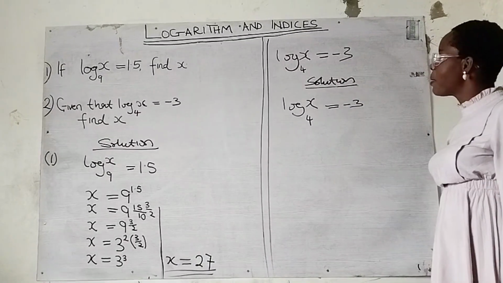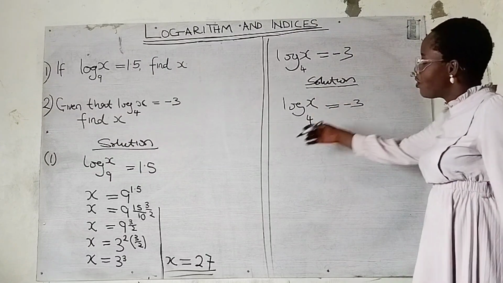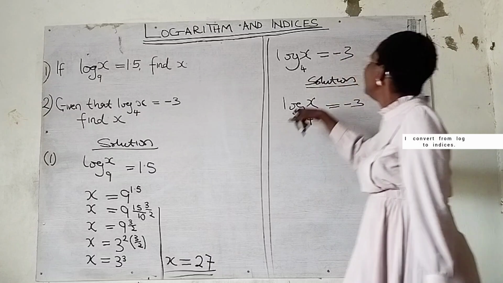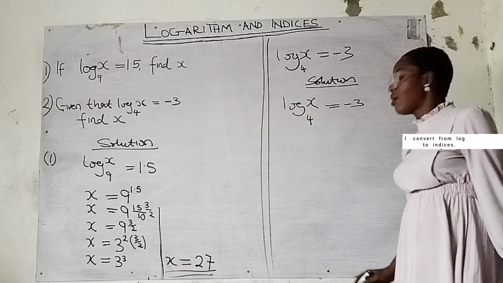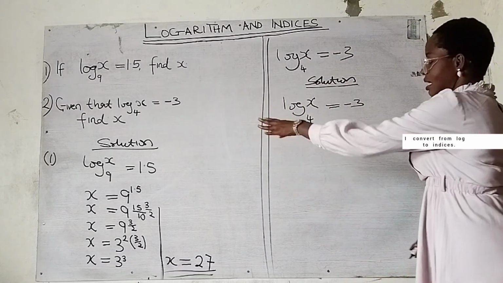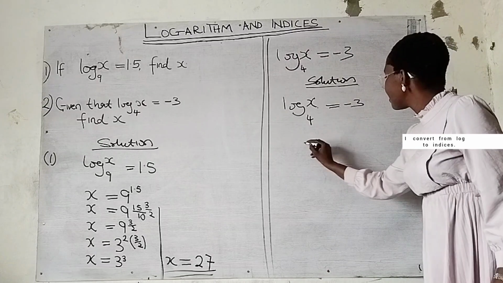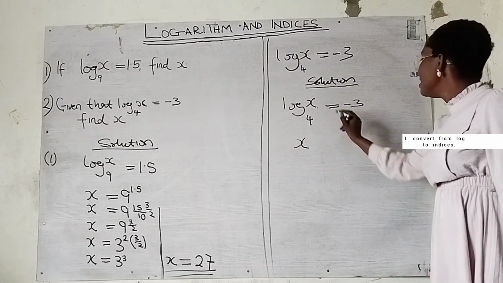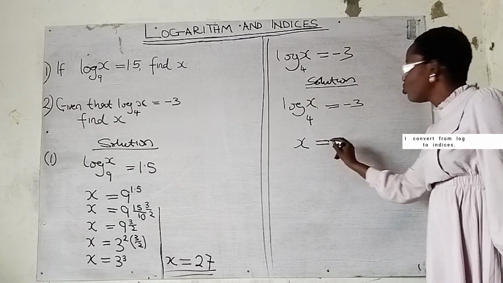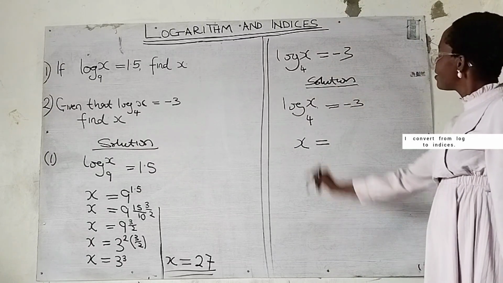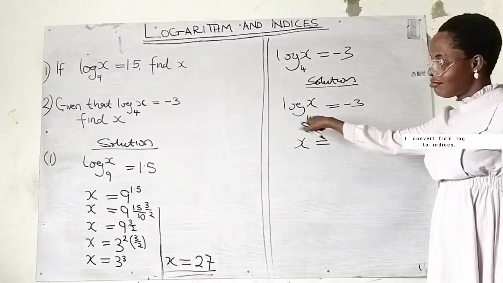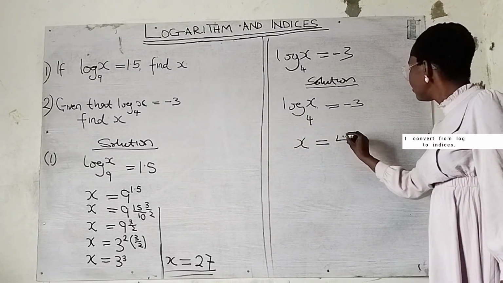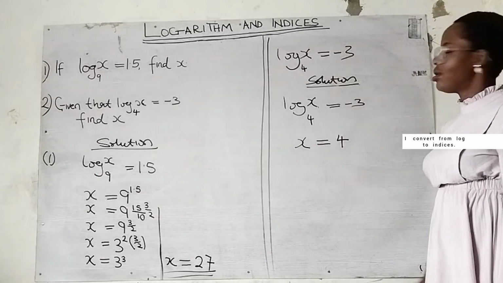I'll start solving proper. I will first of all, just as I did here, change log to indices. I'll forget about this log and I'll have something like this, just like we did here. x. By now you can guess. X is equals to what? 4 raised to power what?